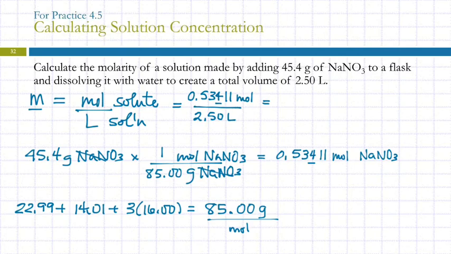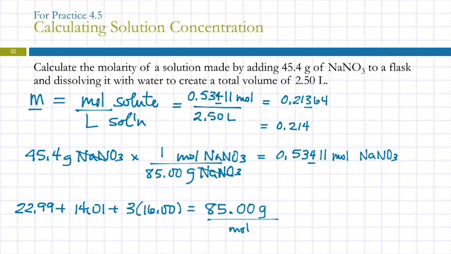So I take the 0.53411, I divide by 2.5. This also should have 3 sig figs. I'm getting 0.213, and the next 2 digits are 64. When I round that, I'm going to get 0.214.